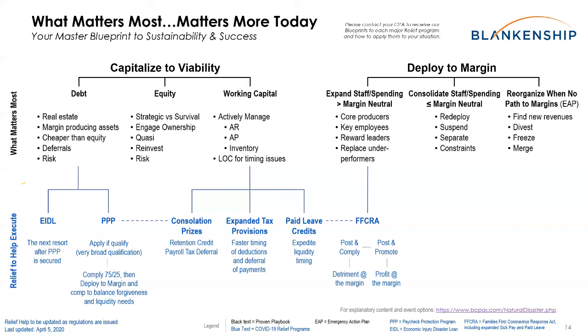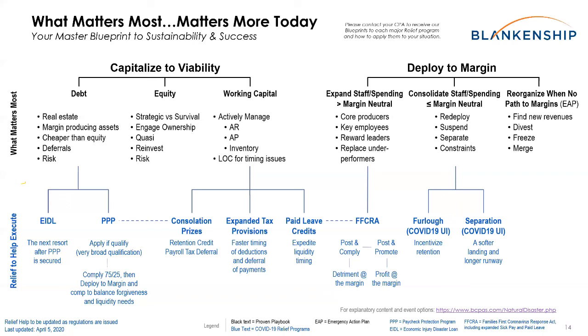Generally speaking, all employees are usually not 100% utilized. So to the degree that there is underutilization, find a way to integrate FFCRA into that process. If employees, unfortunately, are less than or equal to margin neutral, basically they're costing us money when looking at our compensation paid to them versus the revenues.